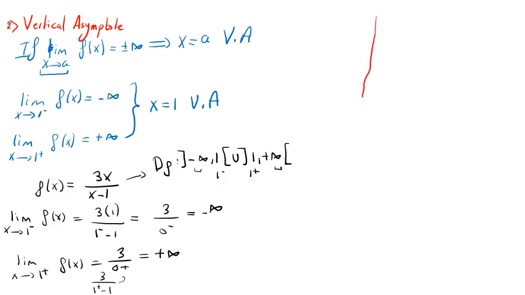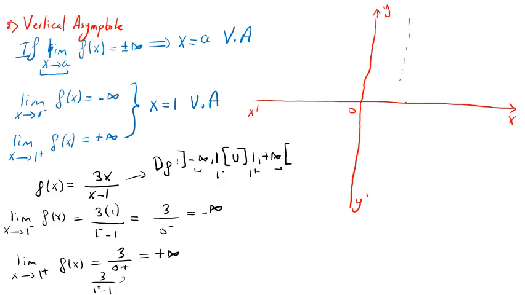Now, graphically, a vertical asymptote. In this example, here we have x-axis and y-axis. X equal to 1 is a vertical asymptote. Here we have x equal to 1. The limit as x tends to 1 minus is minus infinity.